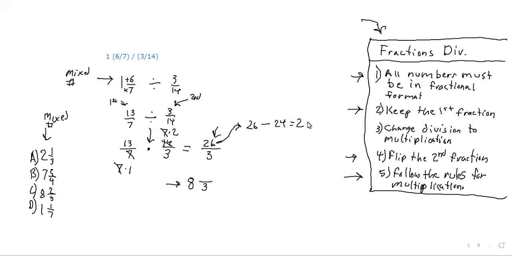This 2 is the remainder. It's also the numerator that we put with our mixed number. So 26 over 3 and 8 and 2/3 are equivalent, but now we have it in mixed number format, and we can match it up with the answers here. And we see that answer C would be the correct choice. So that's what you would pick.